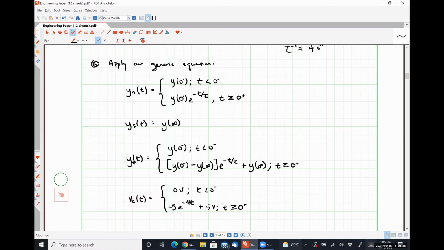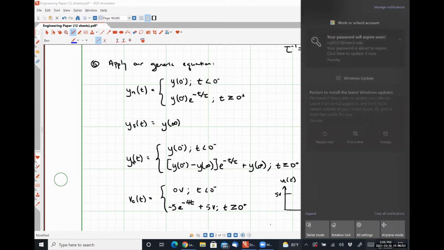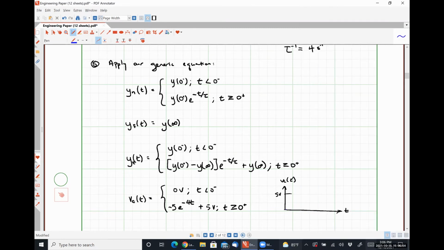And so now we can see that if we plotted this as a function of time, this is 5 volts. What our capacitor voltage will do is start at 0 and begin to exponentially increase.